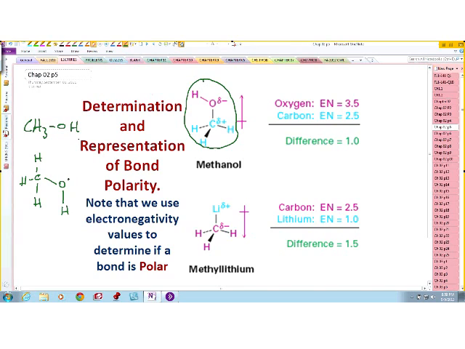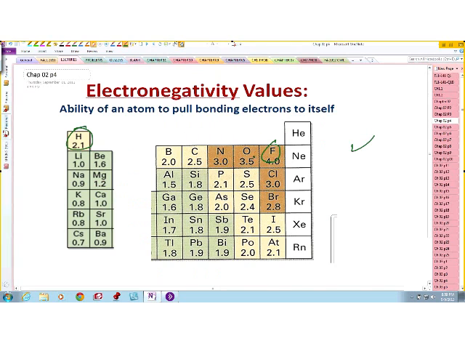If you look at this here, the carbon-oxygen bond will be a polar covalent bond, because oxygen has an electronegativity value of 3.5, right?